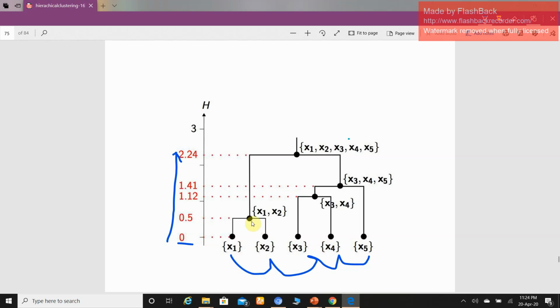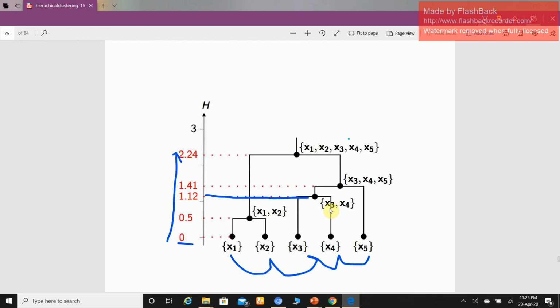Next level, 0.5 level, who are merging? The distance between these two is the same and minimum, so that's why we have to merge these two data points, means these two are in the same cluster. Next level, 1.12 level, this is very important, the distance between x3 and x4 is minimum, the value is 1.12, so that's why we merge these two.